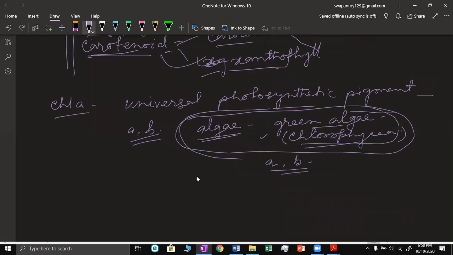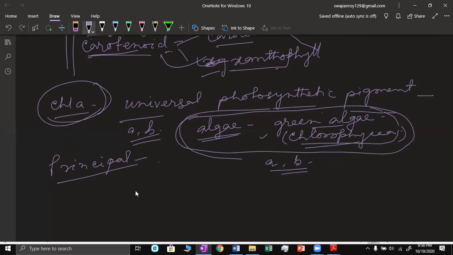As I told, chlorophyll A is the main pigment, the principal pigment which carries out the photochemical reaction of photosynthesis.